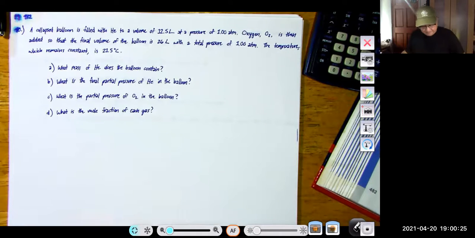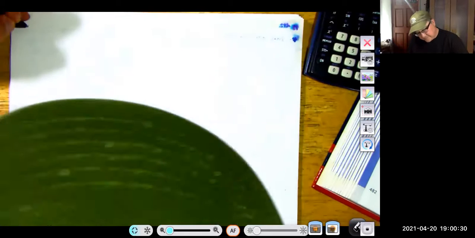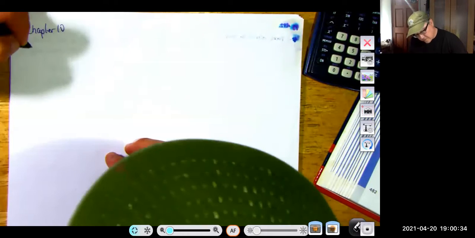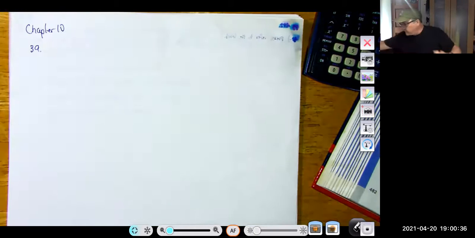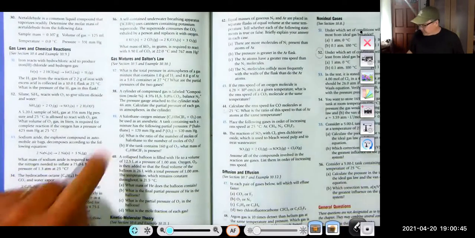So we're going to take a look at number 39. I'm going to put my book here so we can read it. Here's 39. I'm going to zoom in for just a moment.